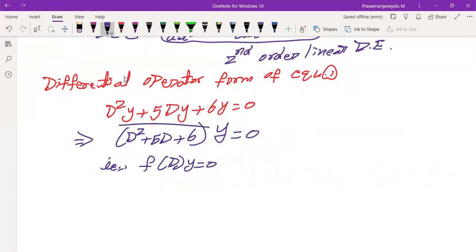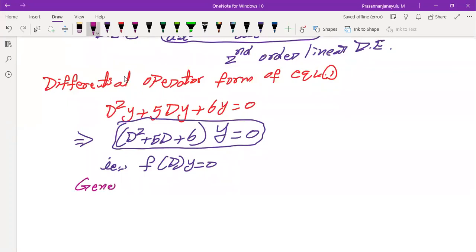Now, we need to find the solution for this. Taking this as equation 2, what is the general solution of equation 2?